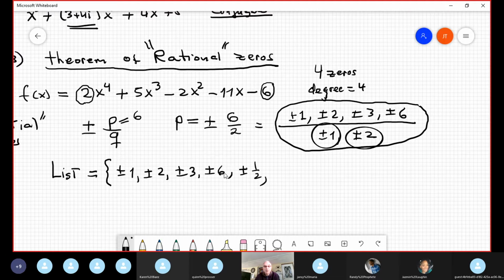Okay. 2 divided by 2 is 1, which I already included here, no need for repetition. Plus or minus 3/2, because it's 3 divided by 2. And 6 divided by 2 is 3, which I included here. Okay. And this is my list that forms the potential rational zeros of our polynomial, which we try to prove using synthetic division.